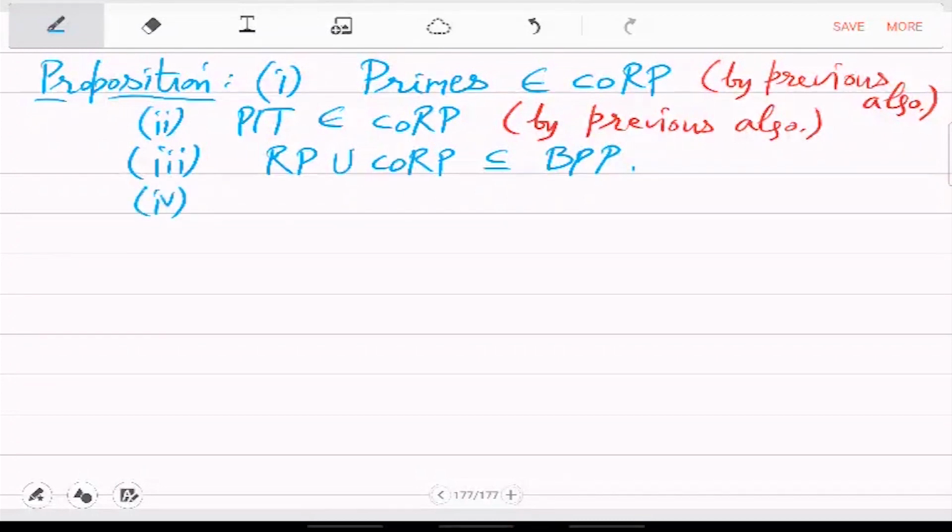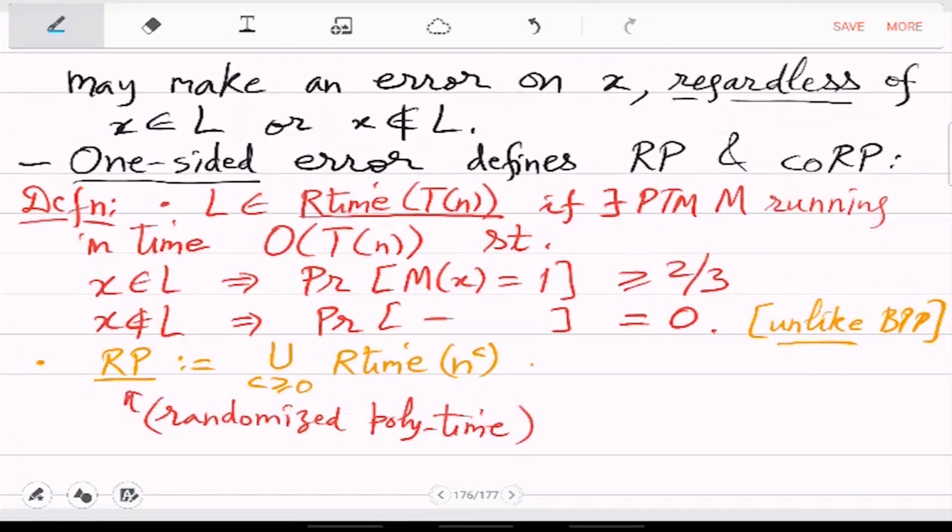Now what is the relationship with NP? One good thing in this definition of RP is that, let me change this a bit, M(x, r), with r the random bits, and the probability is over r.